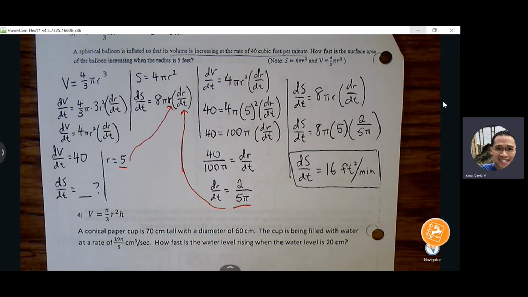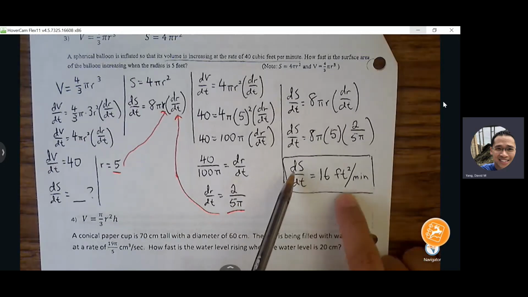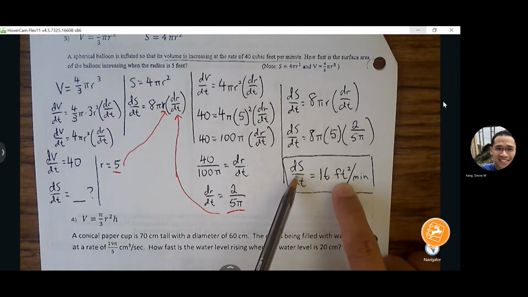Okay, any questions? Yes. That's right, yep. Surface area is always unit squared.